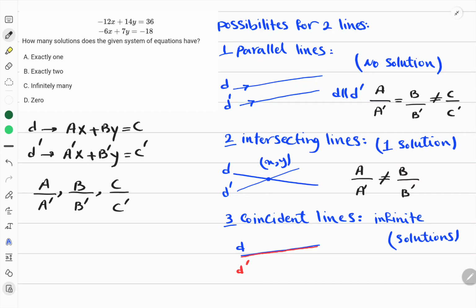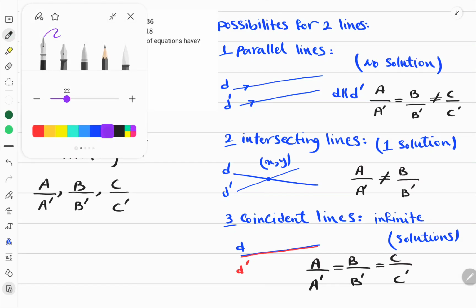Last but not least, if a over a prime equals b over b prime equals c over c prime, we have coincident lines and there is an infinite number of solutions.